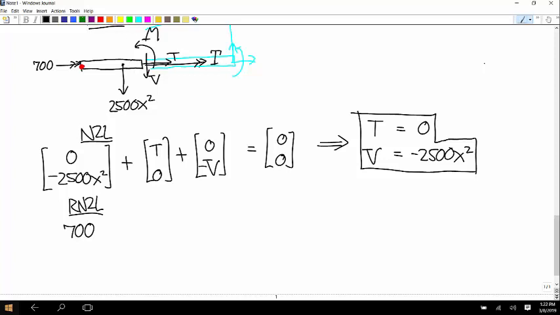No, the coordinate system I'm using has x like this, z coming out towards us. So positive 700, and then the only other thing that produces a moment around the x-axis is the torque. So 700 plus the torque is equal to 0. And so the torque is negative 700.